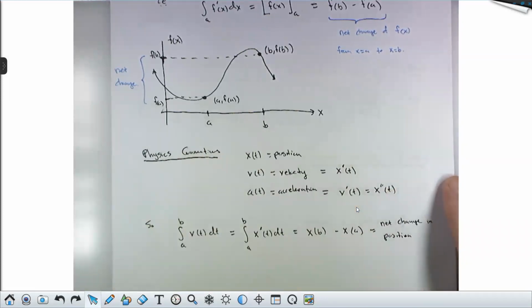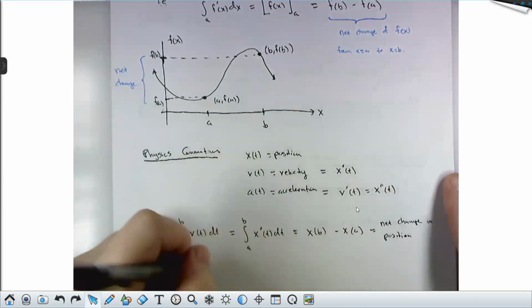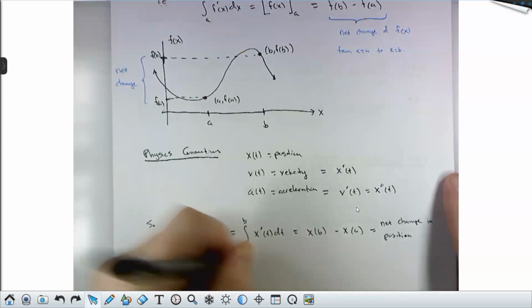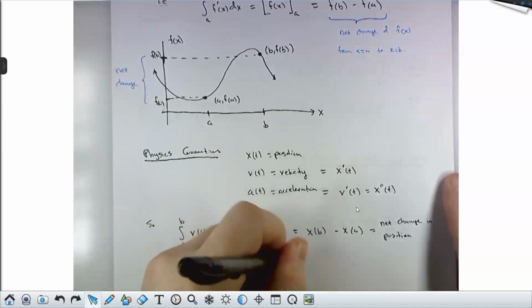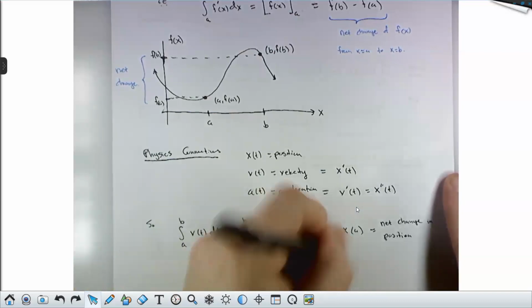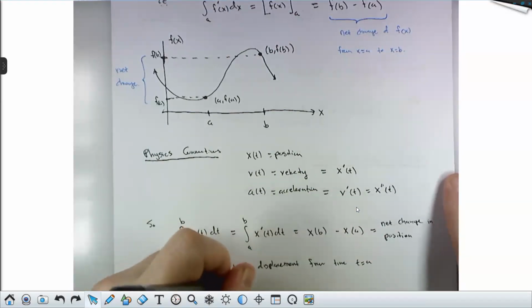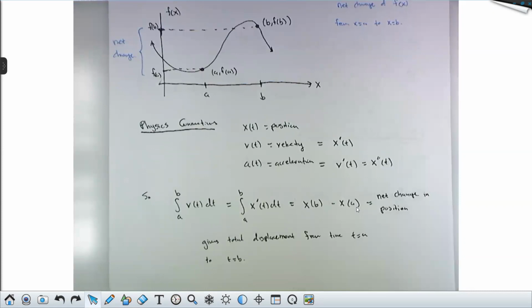This is called the displacement, the total displacement from time t equals a to t equals b. We actually talked about this way back in section 5.1. We just didn't have the notation to write it as this back then.